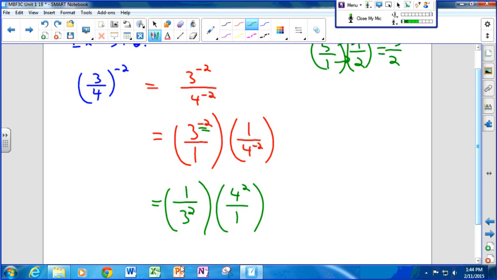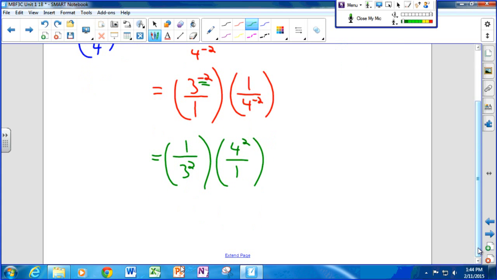But now, if I multiply it back, what we have is 4 to the power 2 over 3 to the power 2, which is the answer that they got.